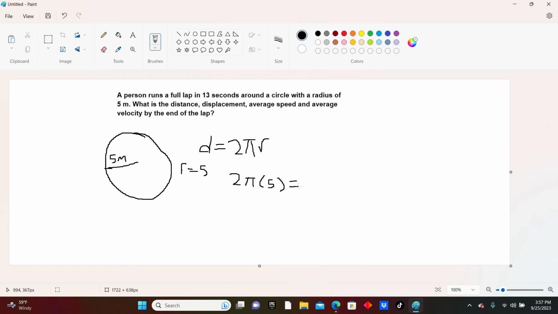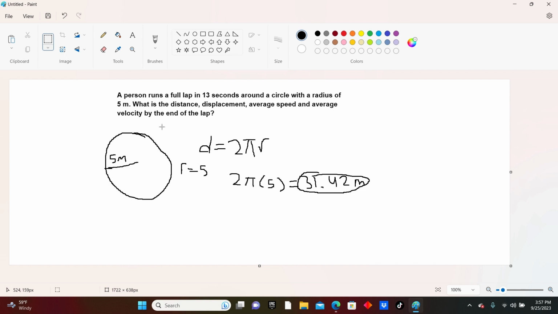Let me put it in the calculator. This equals 31.42 meters rounded. So that's our distance.